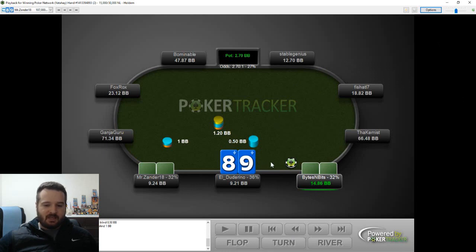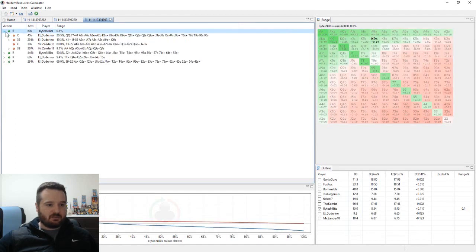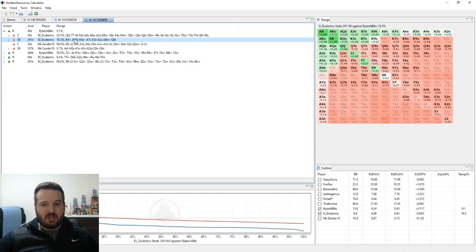However, what I would say is if players are going to be playing too tight to your min raise, by either folding too much or by not reshoving over you, then you actually generate quite a bit of EV with the min raise. So it's also important to know what their ranges should look like. And we can see here when we min raise, the small blind should be calling with 20% and then jamming another 20%.